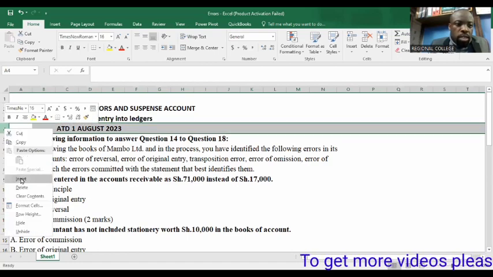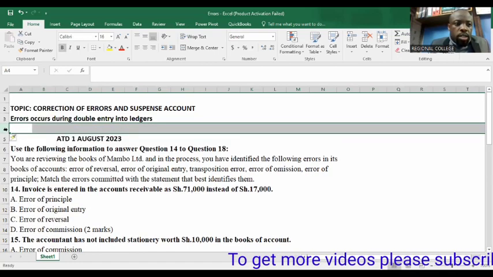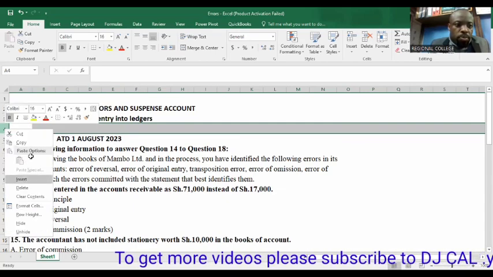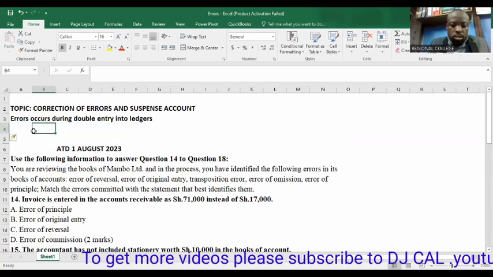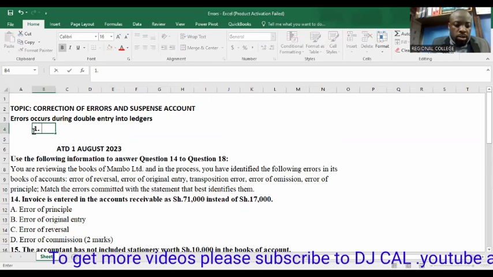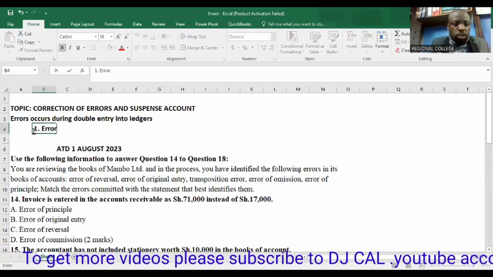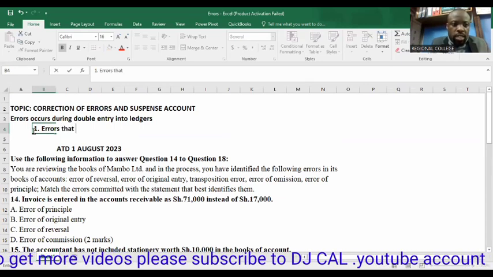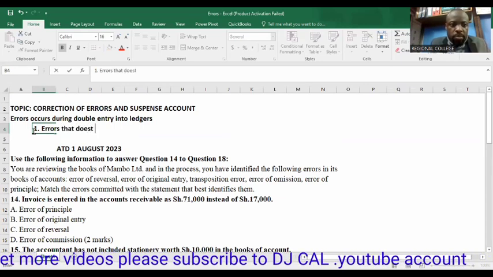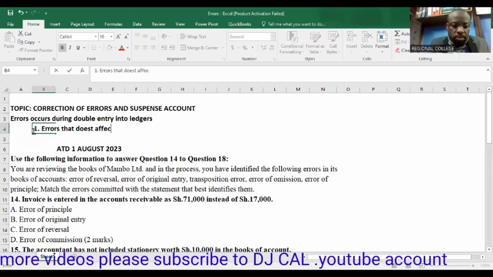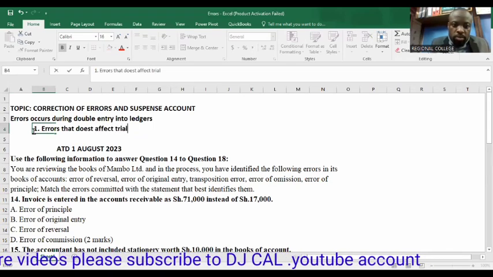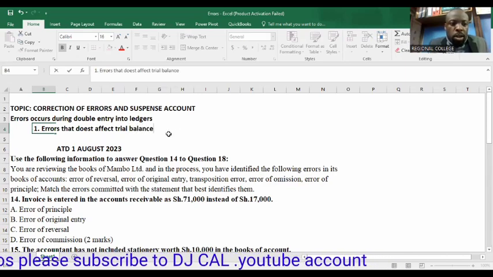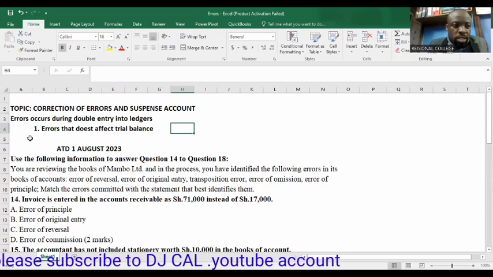And we normally say that these errors are divided as follows. We have errors which you can make, but your trial balance still balances, so errors that don't affect the trial balance. That means you make them and your trial balance can still balance. So you have to know them.